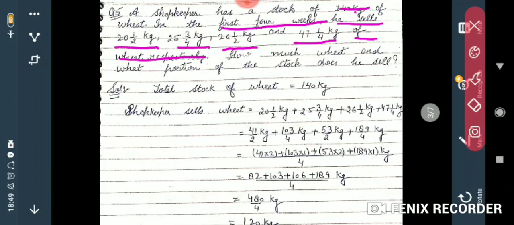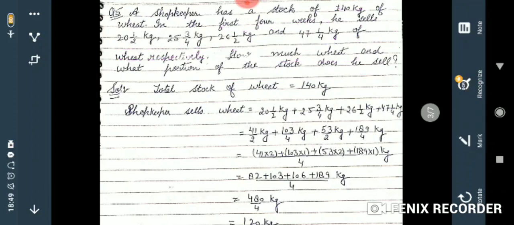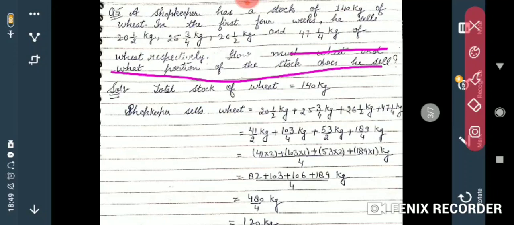Out of that 140 kg of wheat, he sells these 4 amounts of wheat. How much wheat and what portion of the stock does he sell? So what you have to find out is how much wheat is sold by the shopkeeper and what portion.